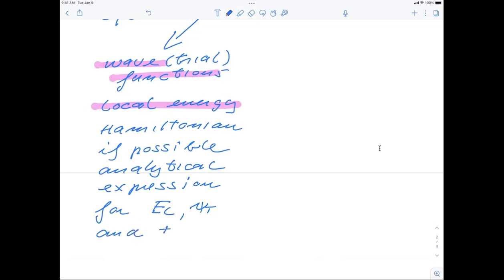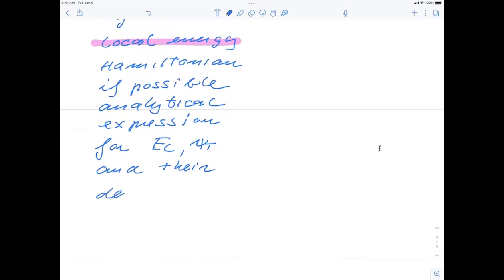This is going to be important because we want to optimize the problem. So if it's possible, this is something which is desired.